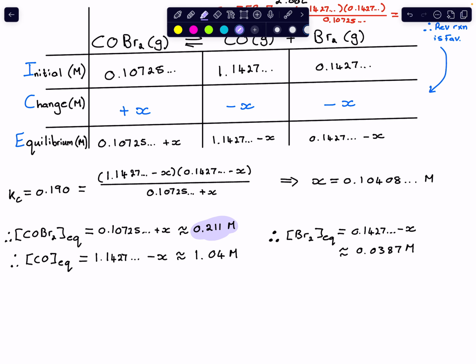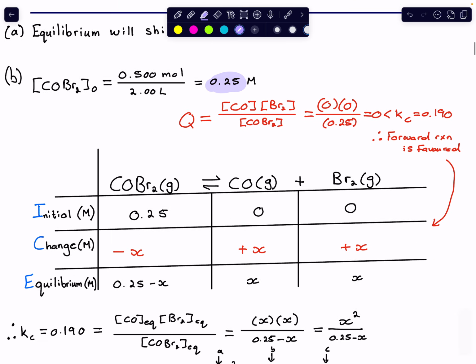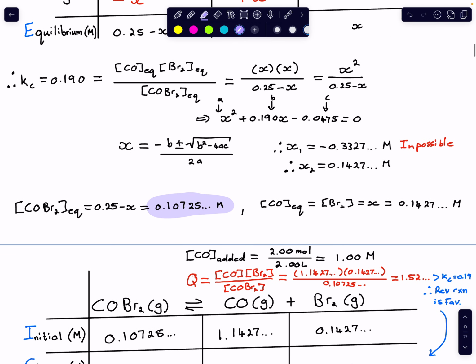And hence, if we compare that to the amount that we initially started with, so the percentage decomp here, let's make a note of that. The percentage decomp here is roughly about 50%, right?